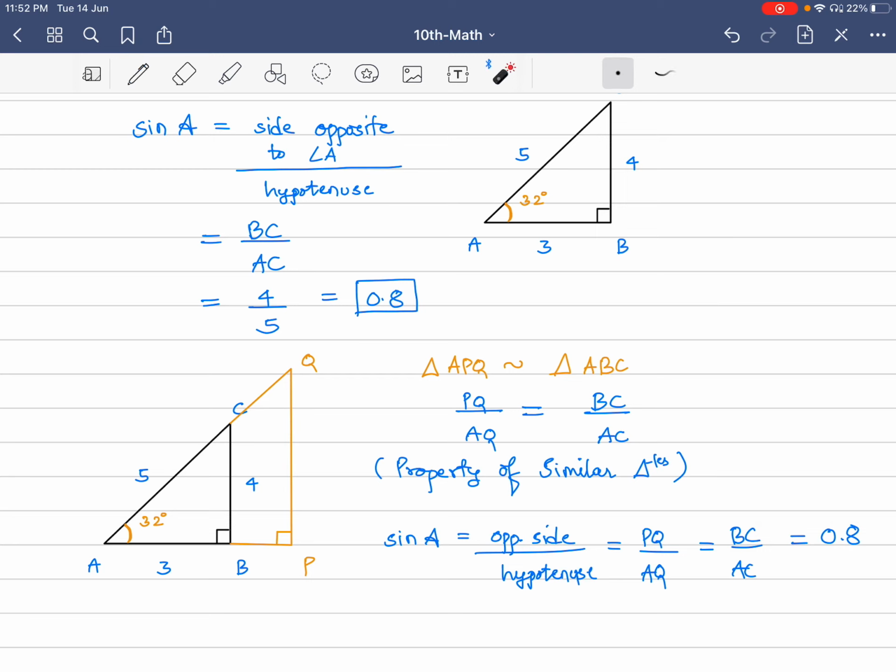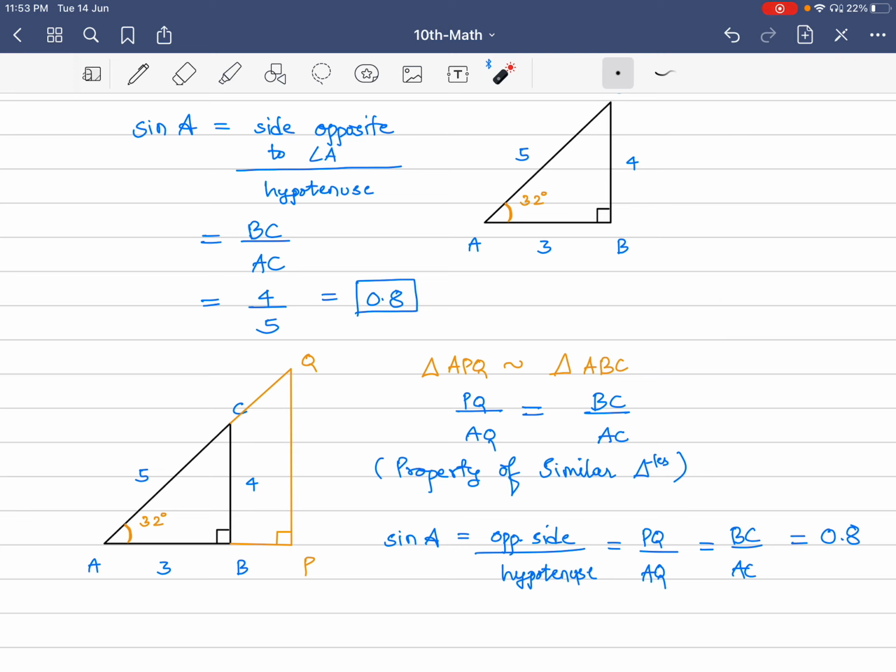Thus, we observe that if the length of the sides of a triangle change, but the angle remains constant, so the angle was 32 degrees here and the angle is 32 degrees here, if the angle is remaining constant and the length of the sides of the triangle are changing, the value of sine A remains the same because the angle remains the same.